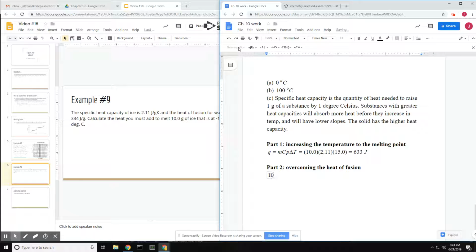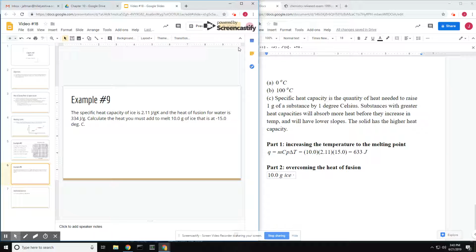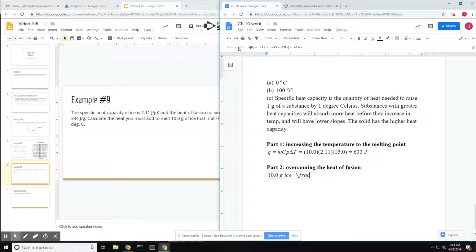So I've got 10 grams of ice. Here, the heat of fusion was given in joules per gram, so that makes things nice and easy. Then I just need to add them together. Only because of sig figs, I did 4070. I got 4073 out of my calculator. So I needed to add both of those parts together.